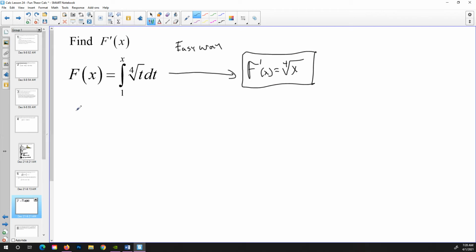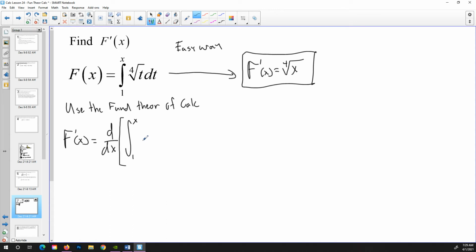All right, but this is not going to really be a proof, but if we use the fundamental theorem of calculus, then f prime of x would be equal to the derivative with respect to x of the integral from 1 to x of the fourth root of t dt.